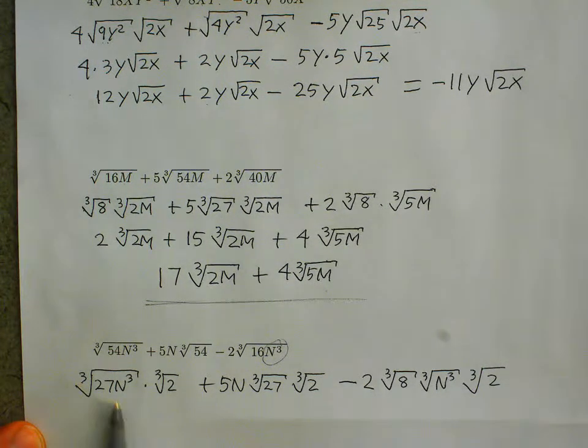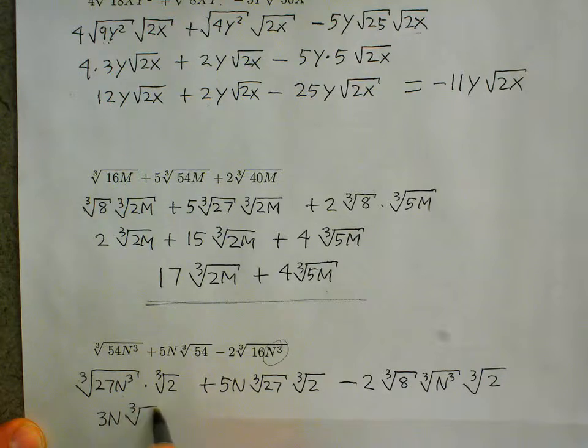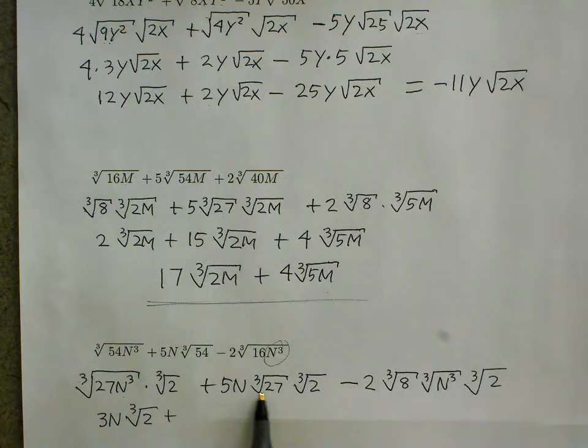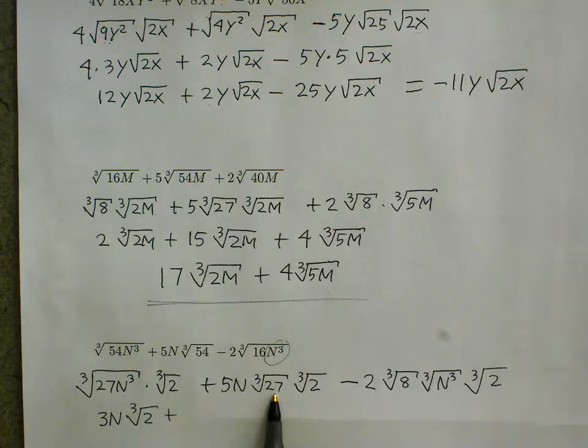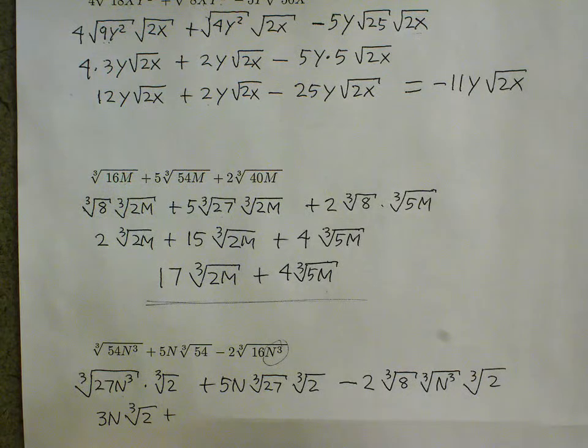And we'll simplify in the next step. The cubed root of 27 is 3, and the cubed root of n to the third is n. So we get 3n times the cubed root of 2. In the next step, in the middle term, the cubed root of 27 is 3. 5n times 3 is plus 15n times the cubed root of 2.